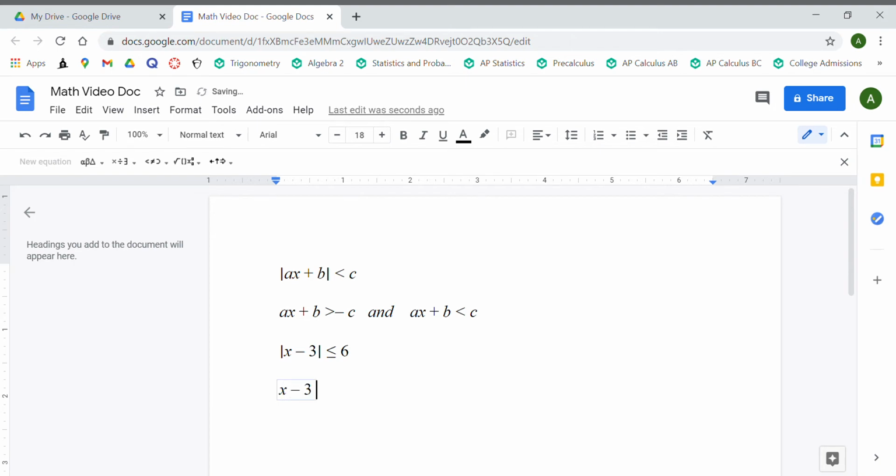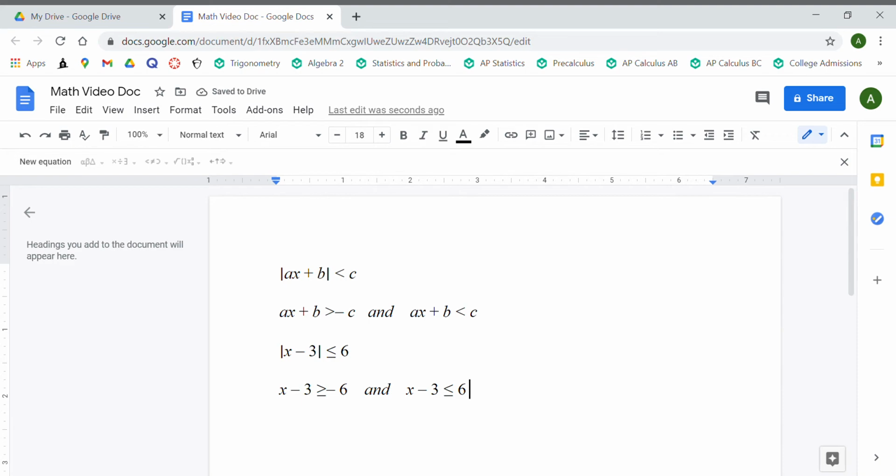So here's the first one. We're going to flip the sign and make 6 negative. Join it together with the "and" and put in the second part.